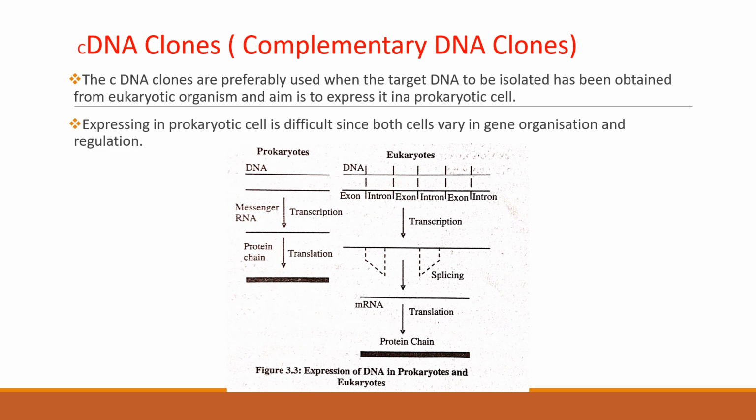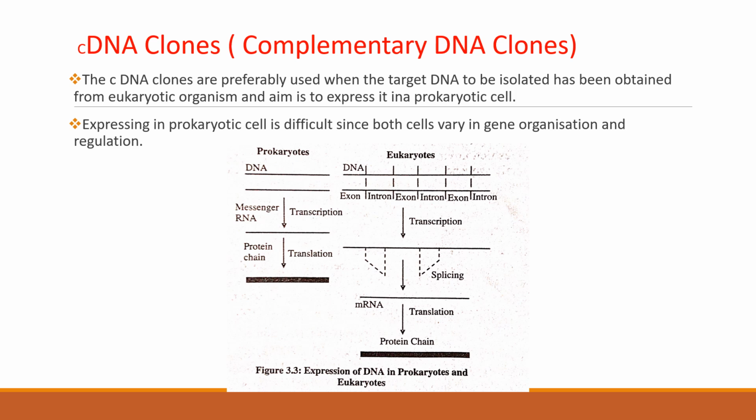But eukaryotes have coding sequences called exons and non-coding sequences called introns. At the time of transcription, mRNAs are formed, and after that, eukaryotic cells have the mechanism to splice or remove the non-coding sequence. Then it is converted into mRNA and then to protein.